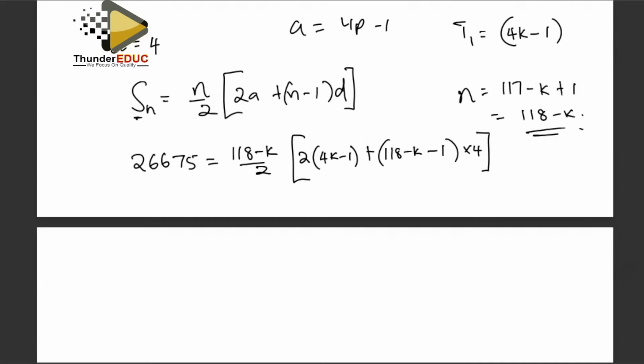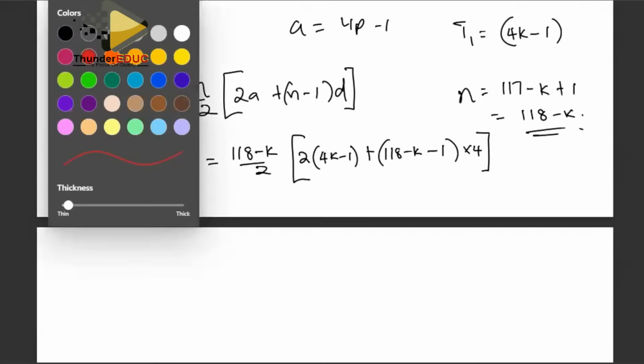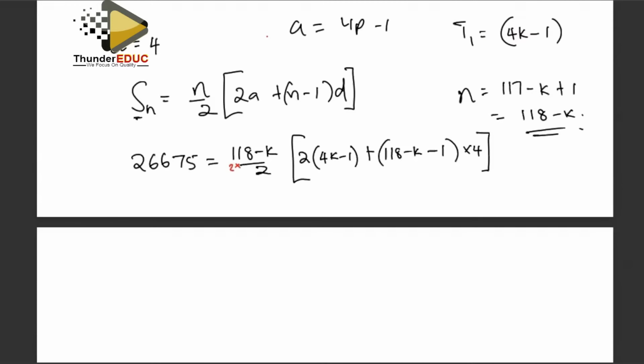Okay, so we open up the brackets inside, simplify what is outside, and then we go ahead. So let's multiply by 2. We multiply by 2 here. Okay, so this 2 cancels that. And then 2 times that figure, I'm getting 53350 is equivalent to 118 minus k into, that's going to be 8k minus 2.